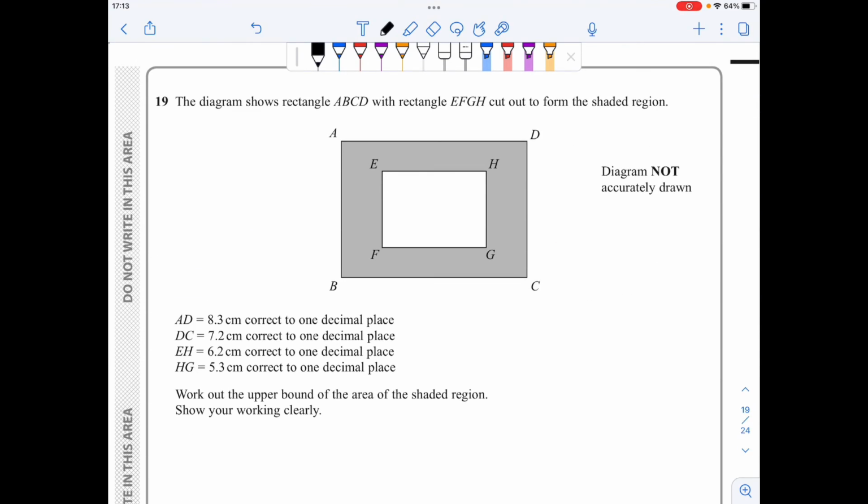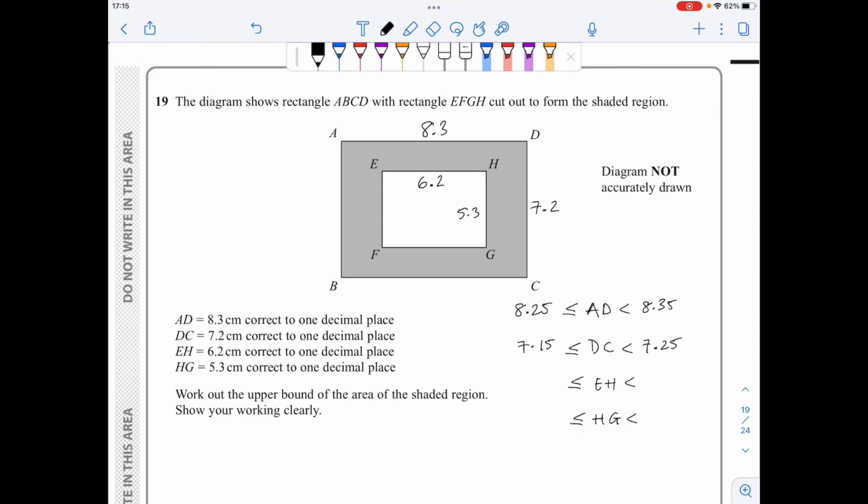For question 19, let's start by putting this on the diagram. Next step is to find the upper and lower bounds of these lengths. For AD, the lower bound is 8.25, upper bound 8.35. For DC, lower bound 7.15, upper bound 7.25.